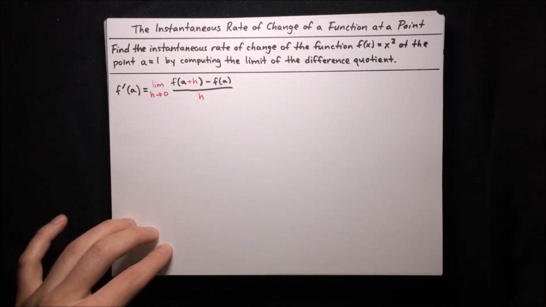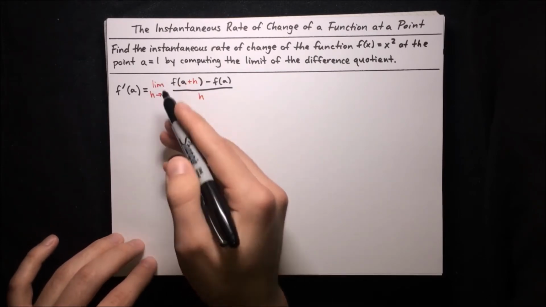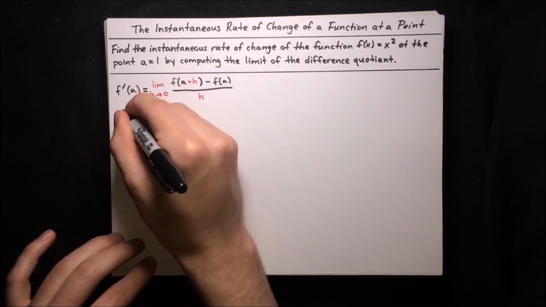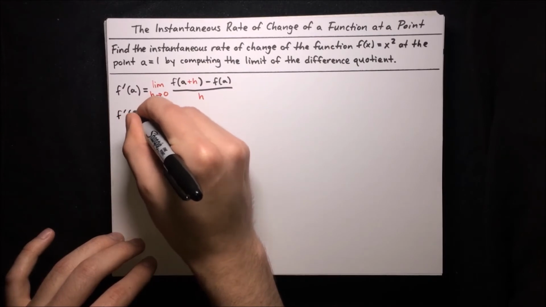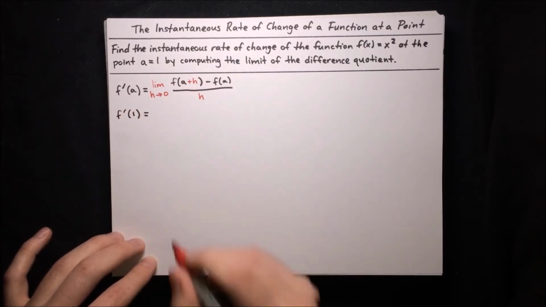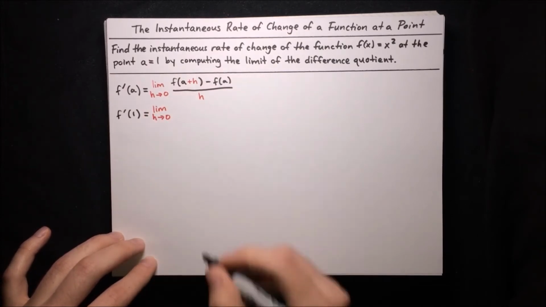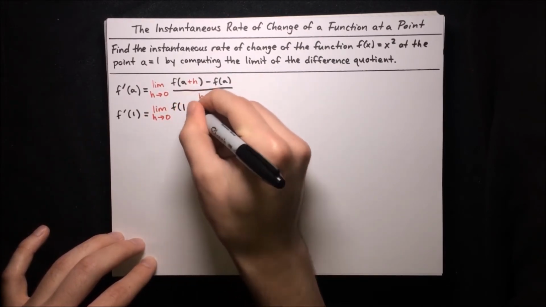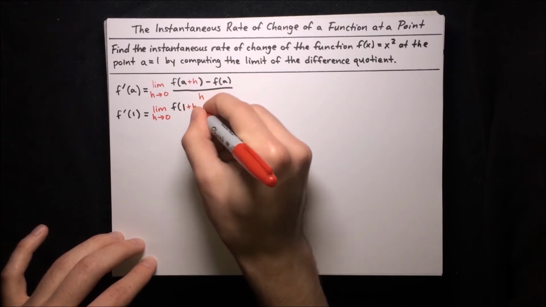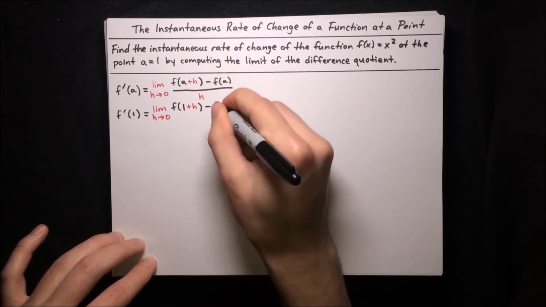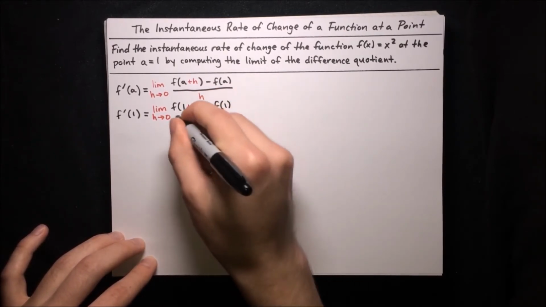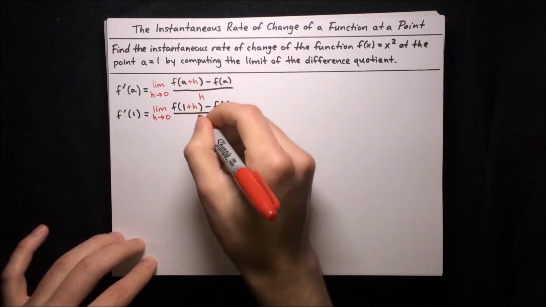Now here, the point that we want is the point a equals 1. So let's just go ahead and substitute in 1 for a. So f prime of 1 is equal to the limit as h approaches 0 of f of 1 plus h minus f of 1 all over h.